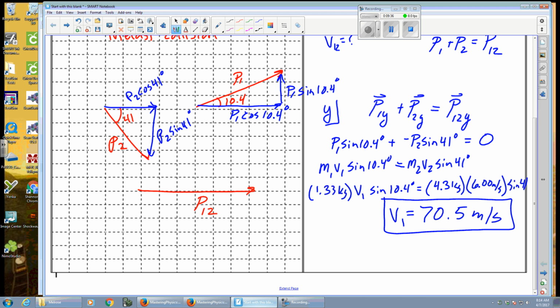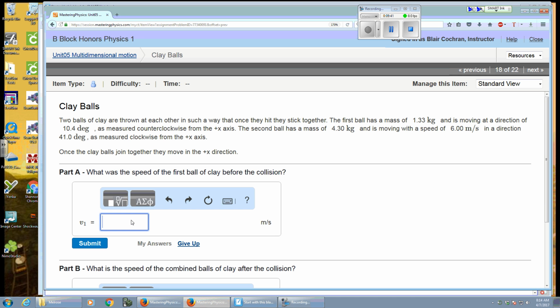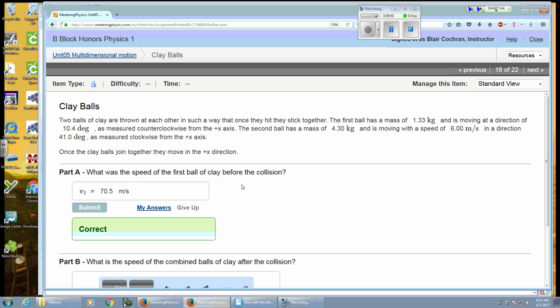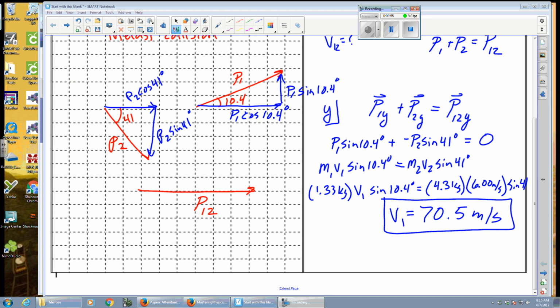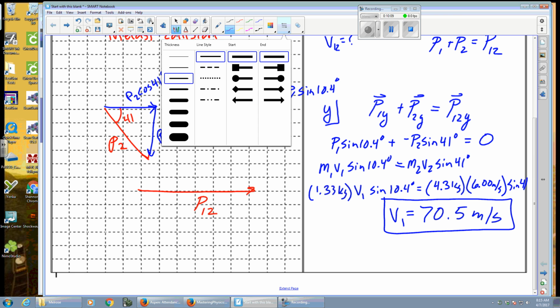So it was correct? Yeah, I kind of want to double check mine so that I don't mess it up twice. How many sig figs do they want? Doesn't say. We're getting 3. Yep. Good. So let's keep going. So now I'm going to switch, maybe I'll switch to the x direction.